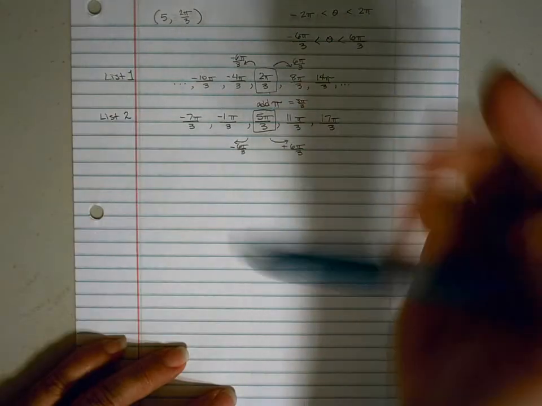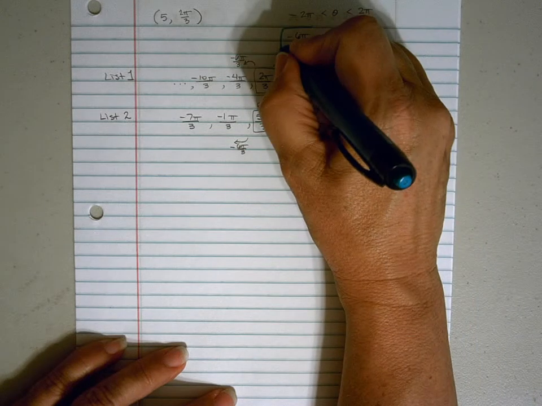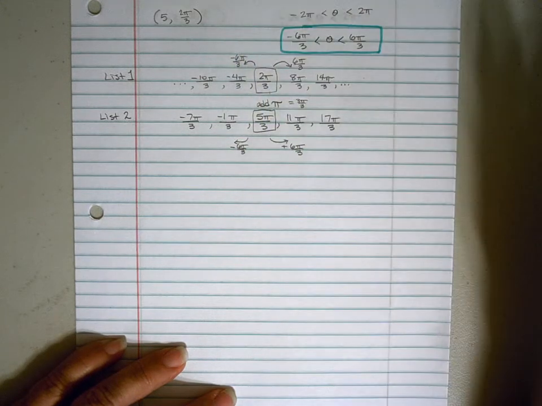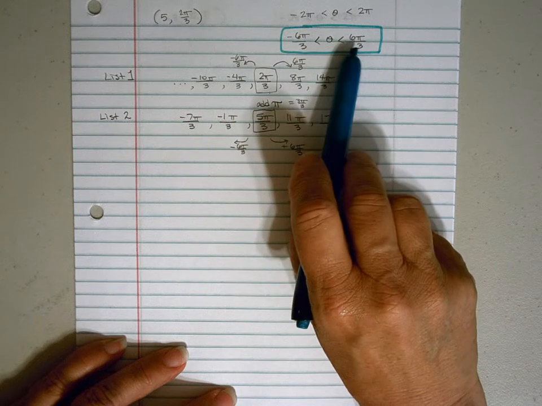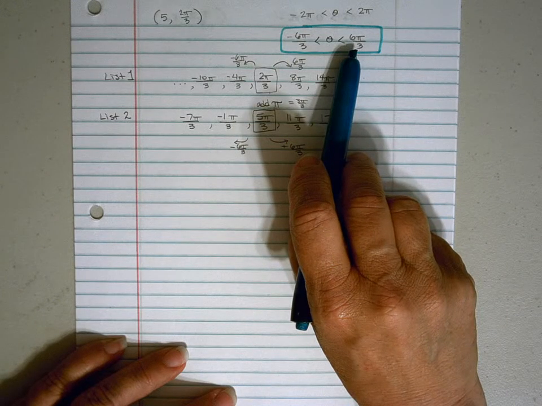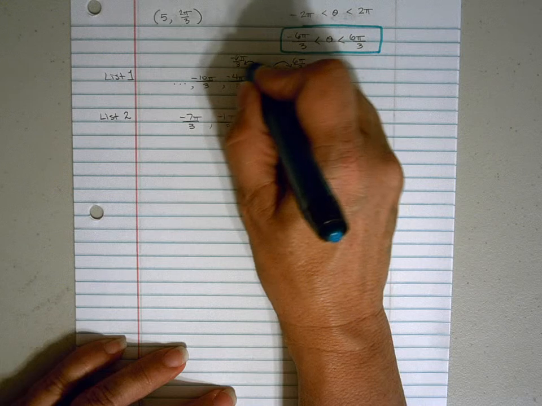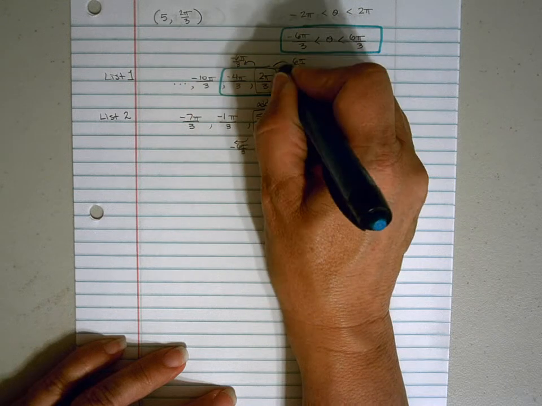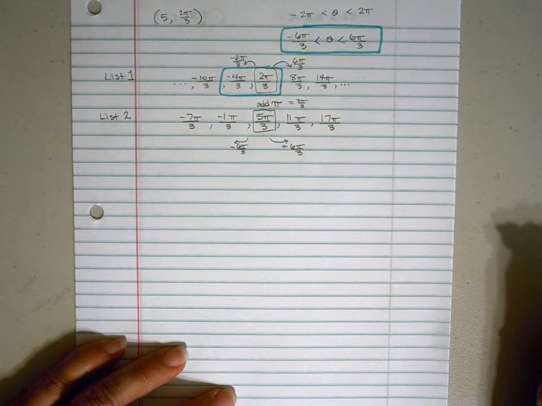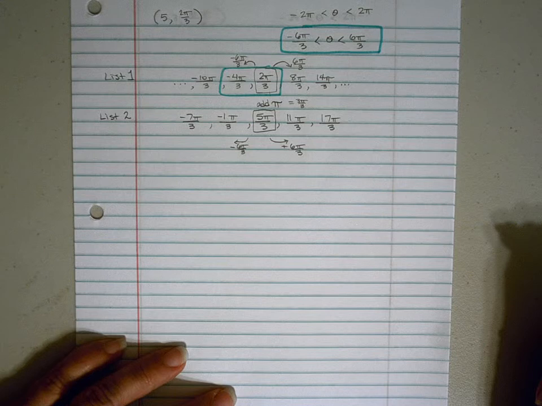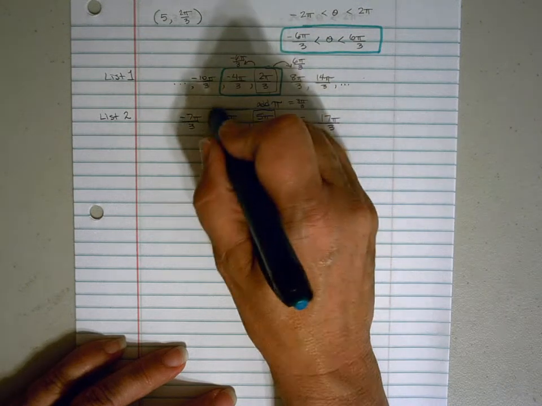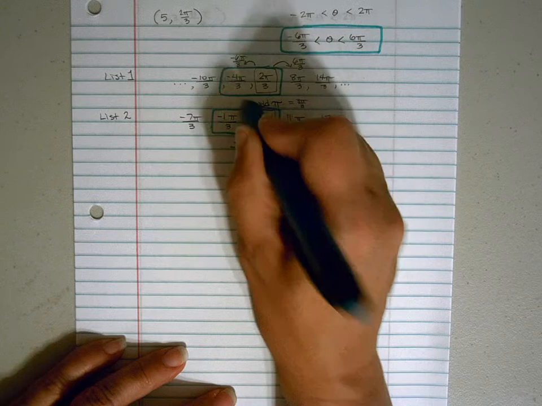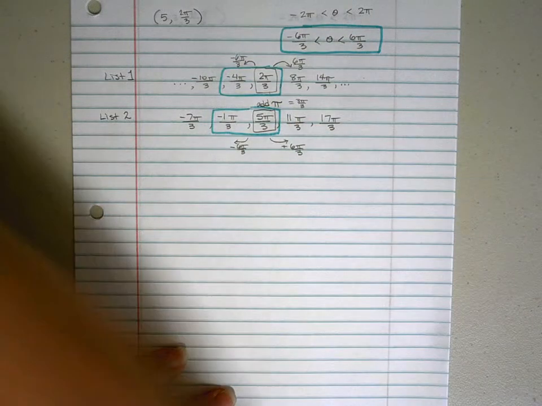So our restriction, when I list it in thirds, is anywhere from negative 6 pi over 3 to 6 pi over 3. So I'm going to look at list 1 and say, hey, these are the two that fit in that restriction. And then in our second list, these are the two that fit in that restriction.